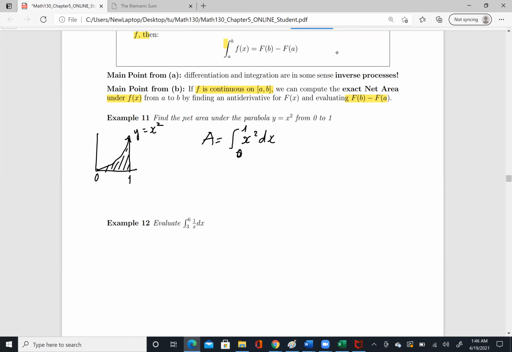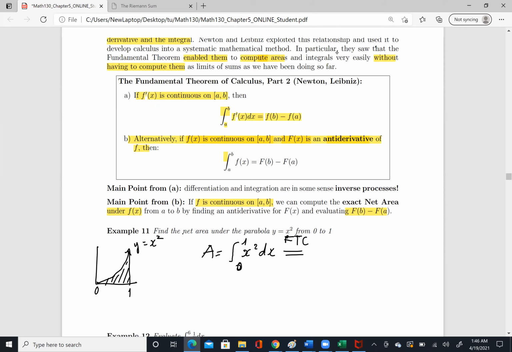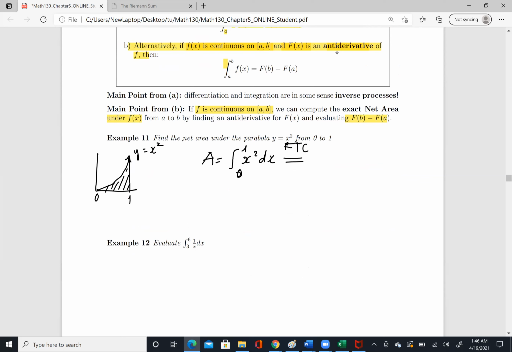Okay, so by the fundamental theorem, FTC, I will have F of 1 minus F of 0. What is F? The antiderivative of x squared, right?